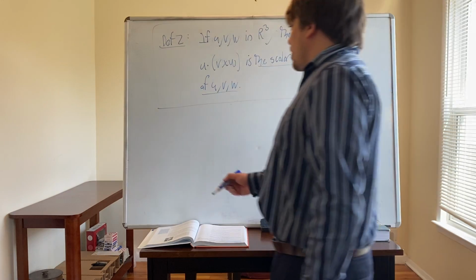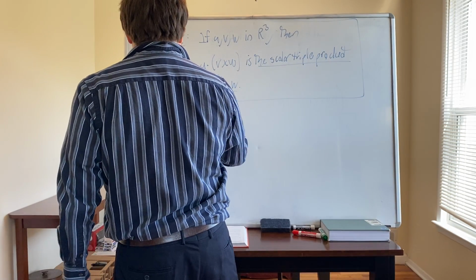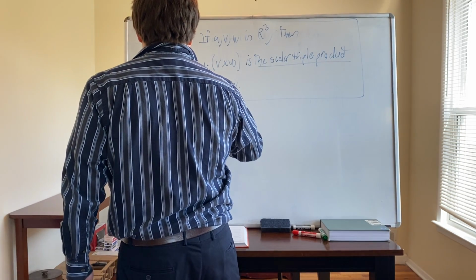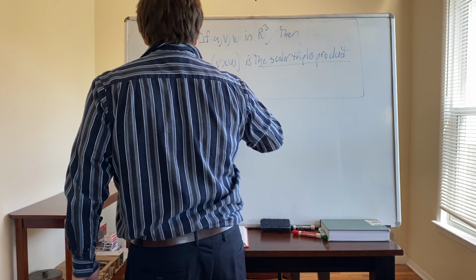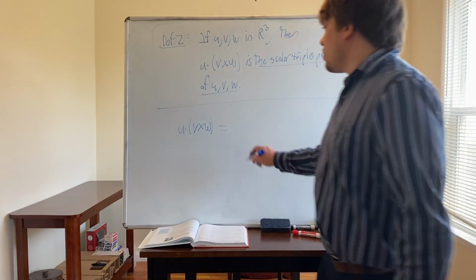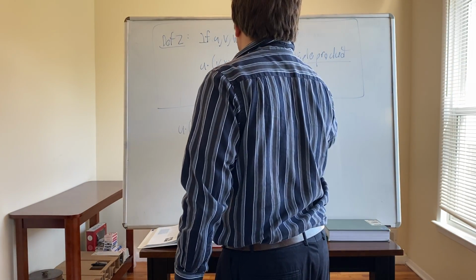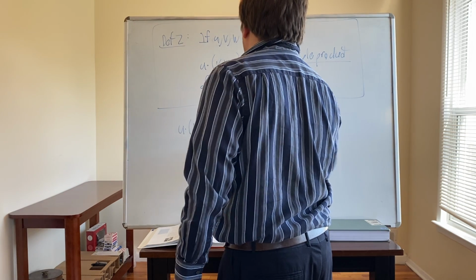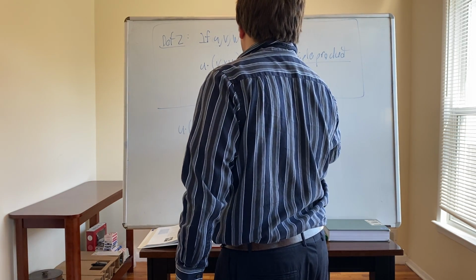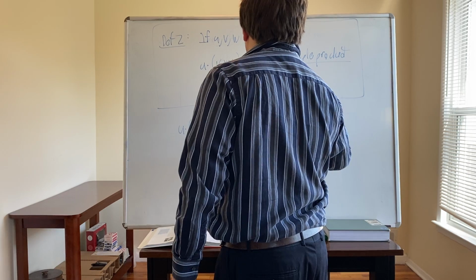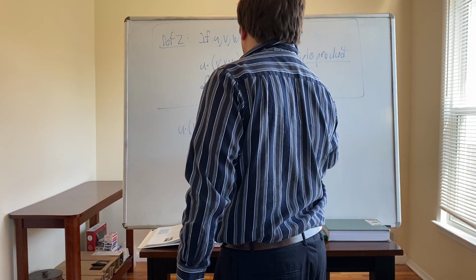Okay, and what is that? What is u dot v cross w, and why would that help? U dot v cross w is equal to the determinant where the first row are the components of u, the second row are the components of v, and the third row are the components of w.